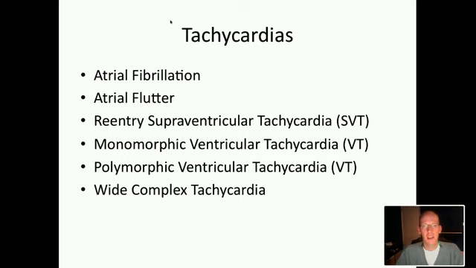Monomorphic ventricular tachycardia, polymorphic ventricular tachycardia, and then wide complex tachycardia. What I mean by wide complex is that the QRS duration is greater than 0.12 seconds. So these are aberrantly conducted. If it's a VT, it's VT, but you can actually have an SVT that's aberrantly conducted, with a conduction delay, so it looks like VT, even though the focus of the inciting rhythm may actually be supraventricular, but it may appear to look ventricular.